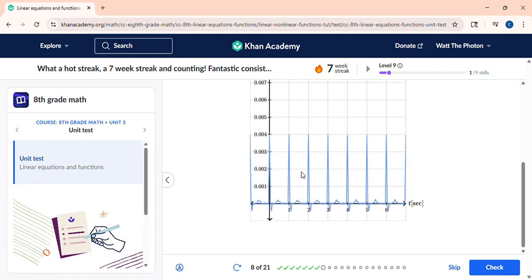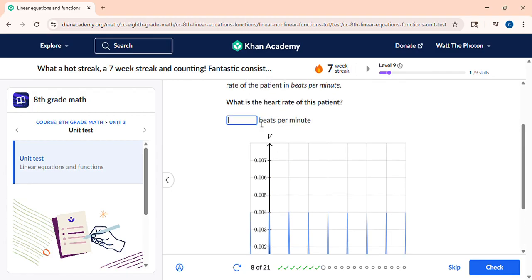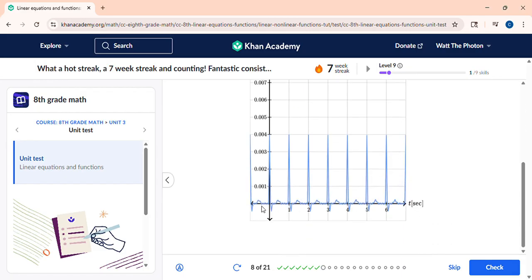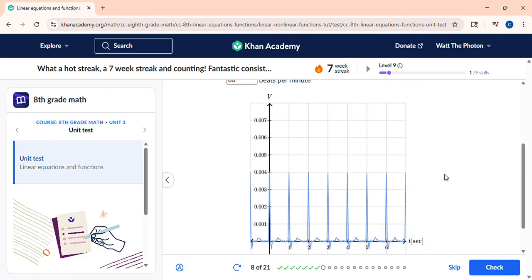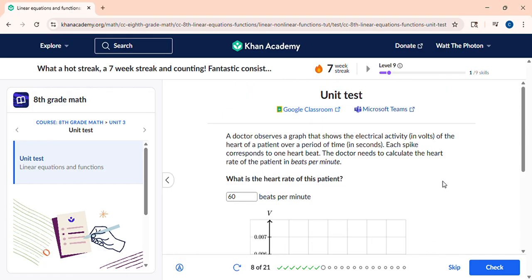So it's 1 second, so it's 6 beats per minute. Because you have, assuming this is a heartbeat, 1, 2, 3, 4, 5, 6, 7. This is seconds. That seems right.